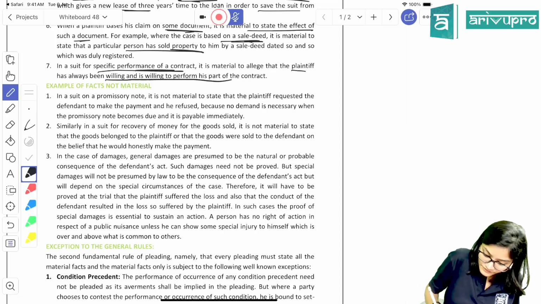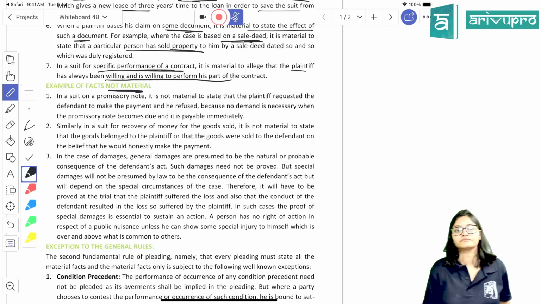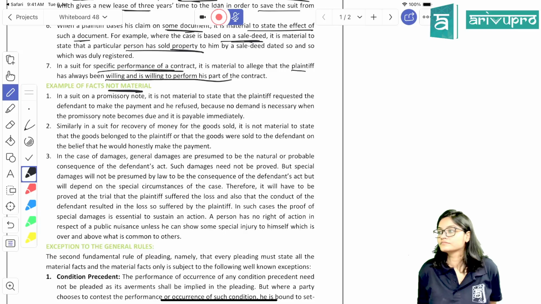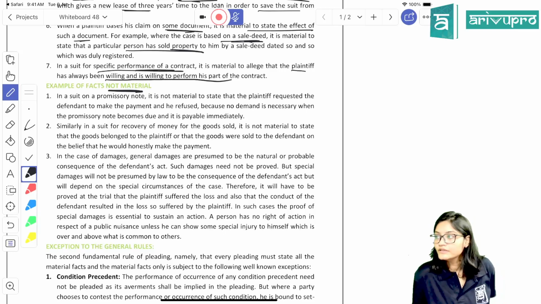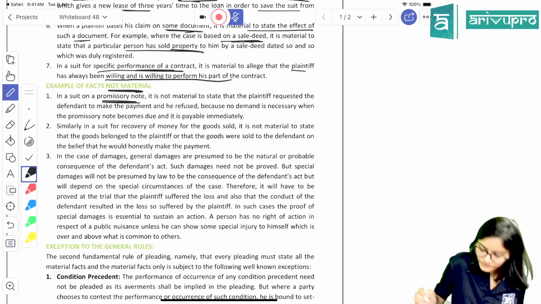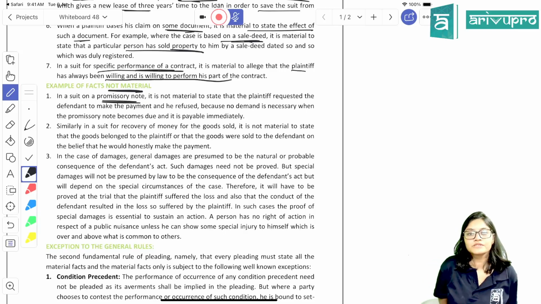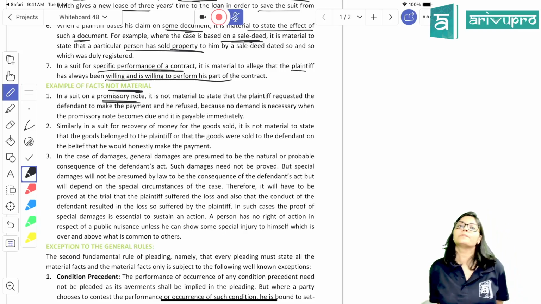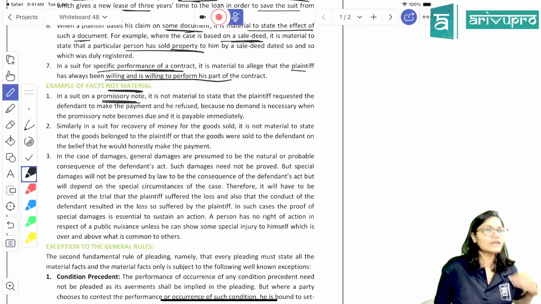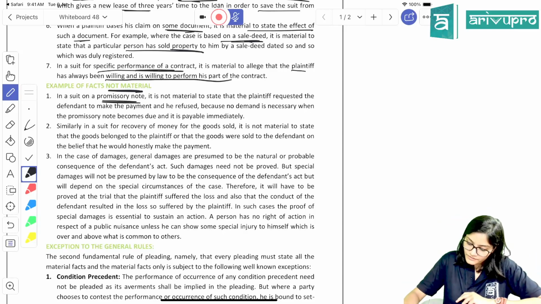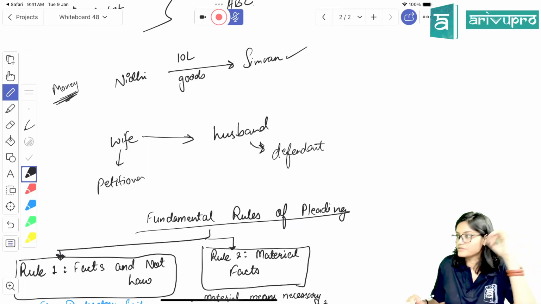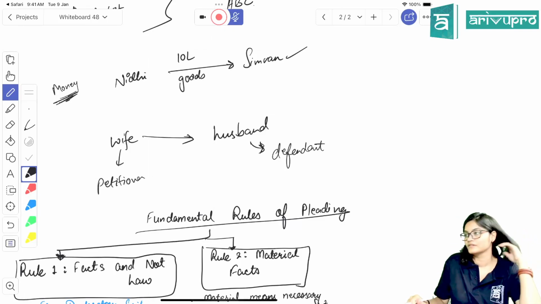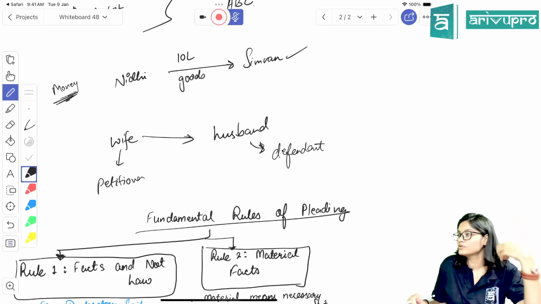Now, some examples are given which are not material. See, in case of a promissory note, it itself means what? I promise to pay, correct? I undertake to pay. For example, here, Simran made the promissory note. I promise to pay 10 lakh rupees. Now, in that case, I don't need to demand.